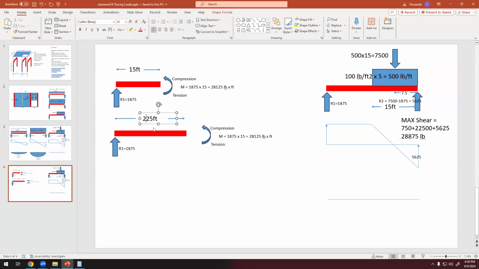Not 2.2, 22.5. Okay, so at 22.5, I have a uniformly distributed load, but only half of this uniformly distributed load.